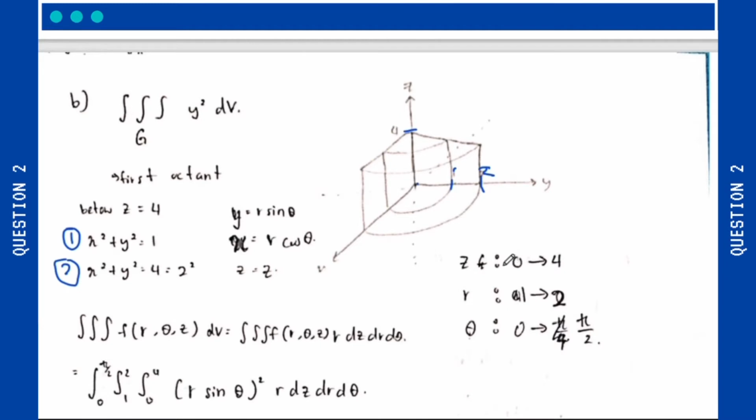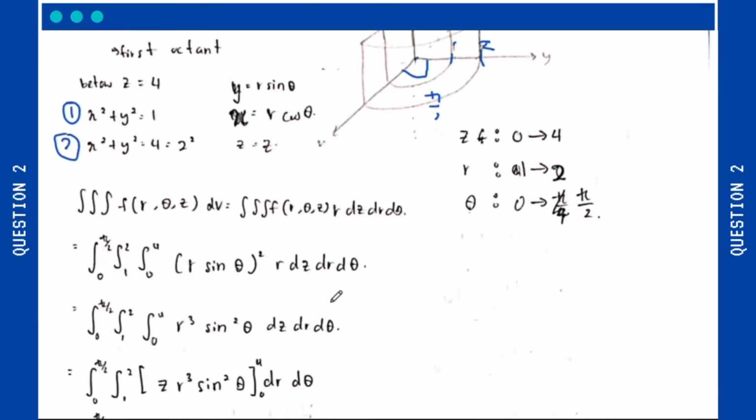For z, the limit is 0 to 4, for r the limit is 1 to 2, and for theta, 0 to pi over 2. Theta is the angle on the x and y axes. This one is the limit.